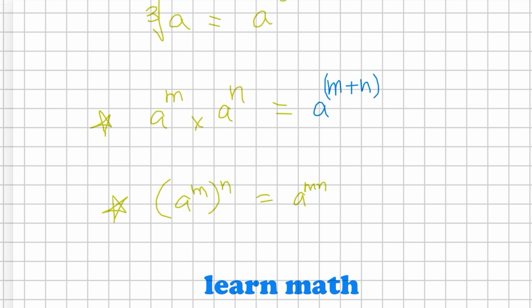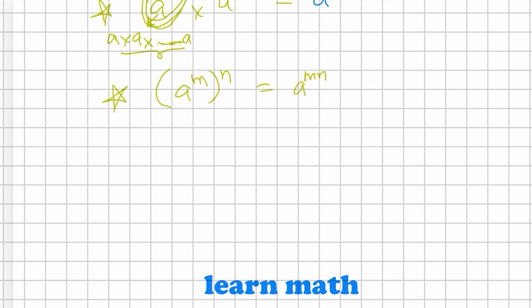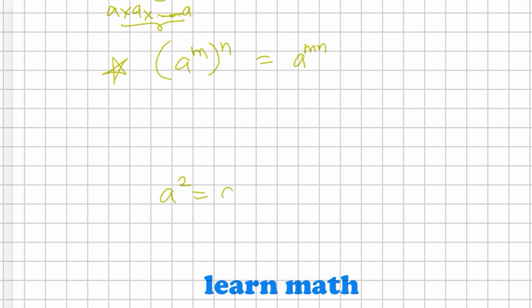So basically, what do you understand by a to the power n? How many times a is being multiplied? A square means a times a.